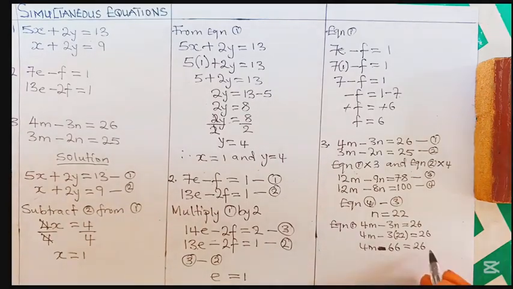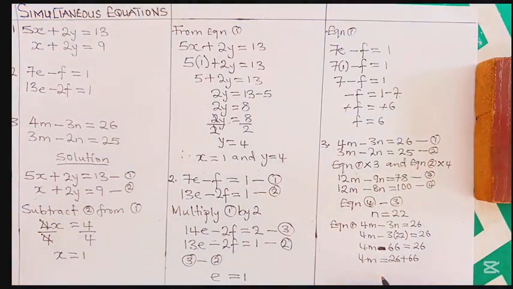So we are going to take this to the other side. 4m minus 66, 66 going that side becomes plus. So this is equal to 26 plus 66. So our 4m will be equal to 92.